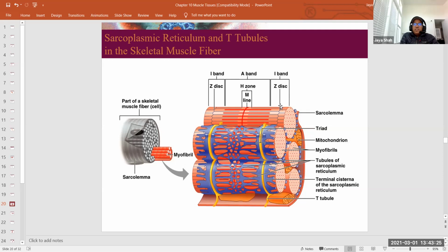The area between Z disc to Z disc is called the sarcomere. The whole length covered by myosin is called the dark band or A band.